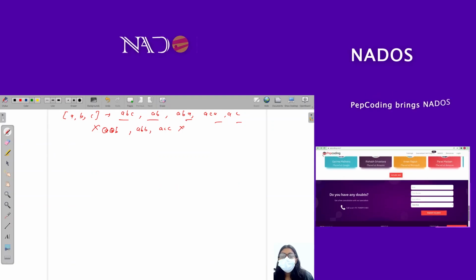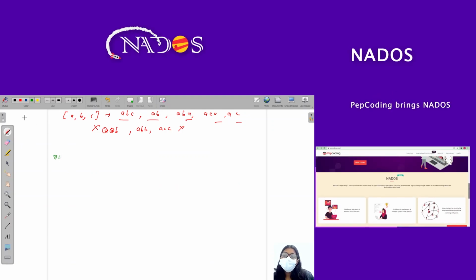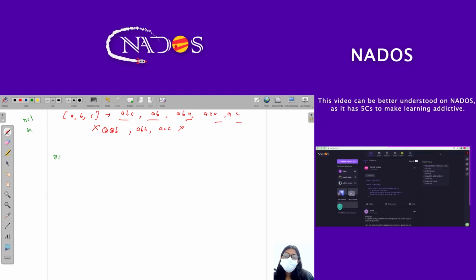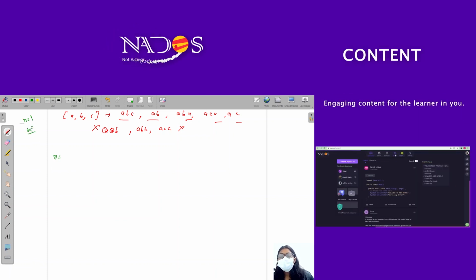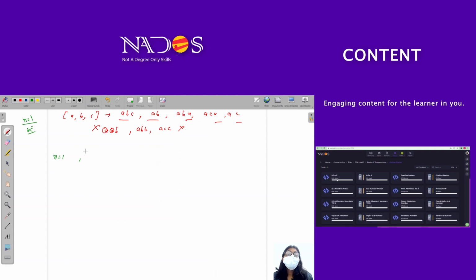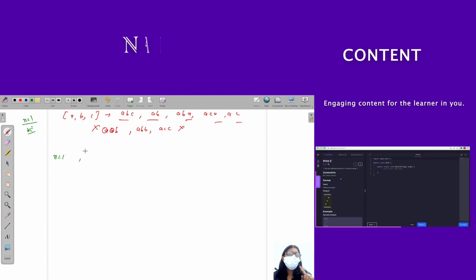Now let's say we are given two numbers. First is n, let's say n is equal to 1, and the other is k. First of all, let's discuss what n is. N is equal to 1 means all the happy strings of length 1.